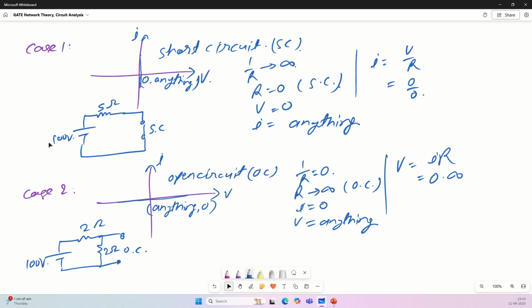So based on these two cases, you can write down a statement like what happens during short circuit and what happens during open circuit. In short circuit, current will be anything. In open circuit, voltage will be anything, current will be 0. So these two statements we can write down quickly.